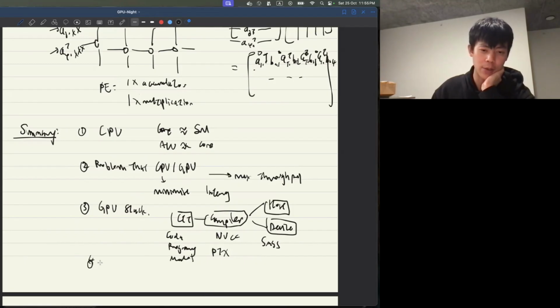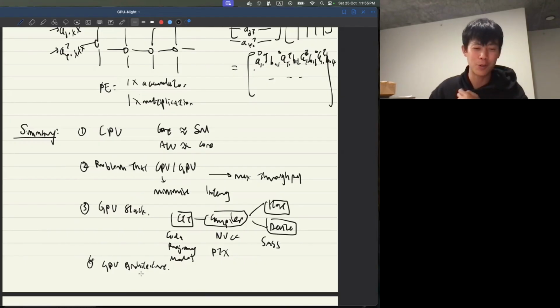And then finally we talk about the GPU architecture, which is very interesting. We motivated why it is like that, because to start off, you need something to schedule the task, you need the components of a CPU, and you need execution units. So we compared it with the vector architecture.